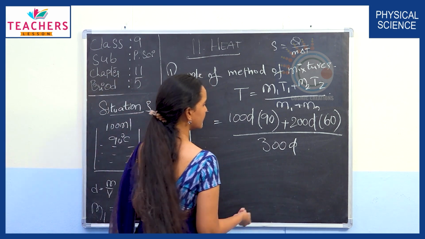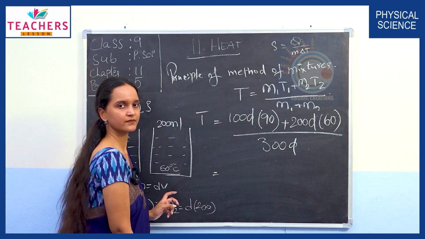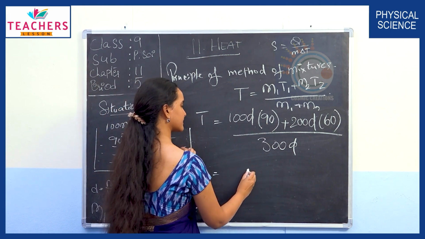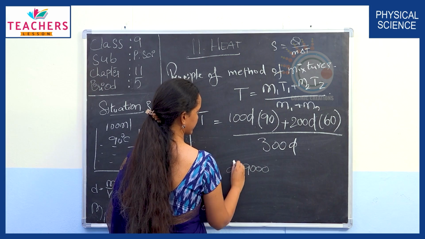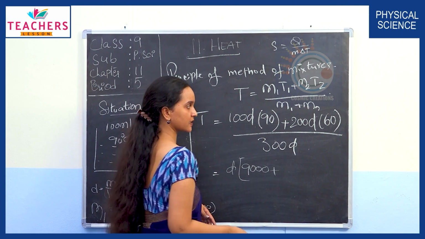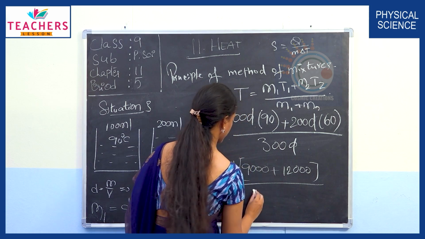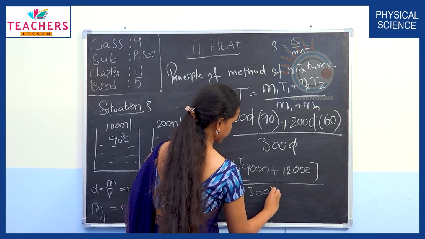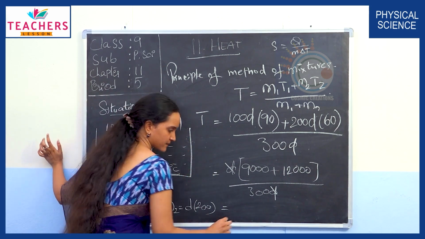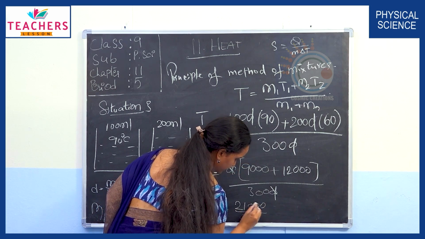You can take D out common and cancel it. 100 into 90 is 9000, plus 200 into 60 is 12,000, divided by 300. 9,000 plus 12,000 is 21,000 by 300.